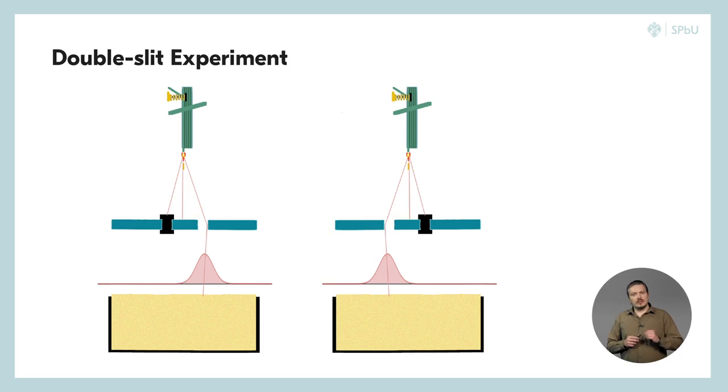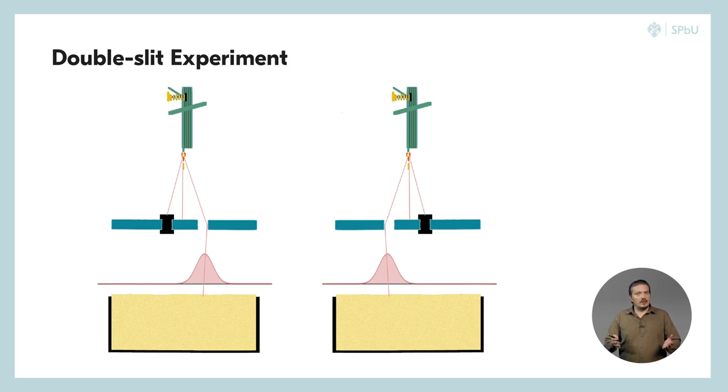Now the question is, having these two graphs, can we predict the resulting graph for the experiment with both slits opened? Let's reason for a while. When we look at the graph on the left, we see this single bulge in front of the open slit, but no bulge in front of the other closed slit.